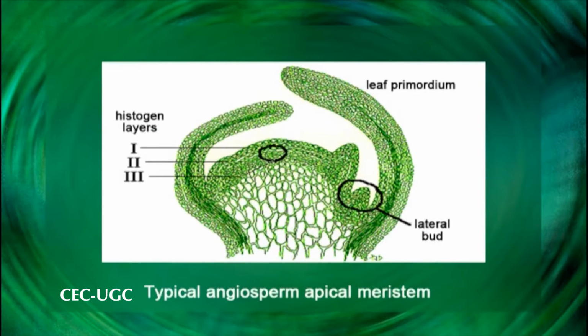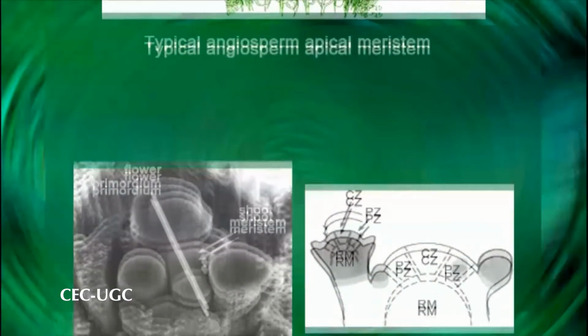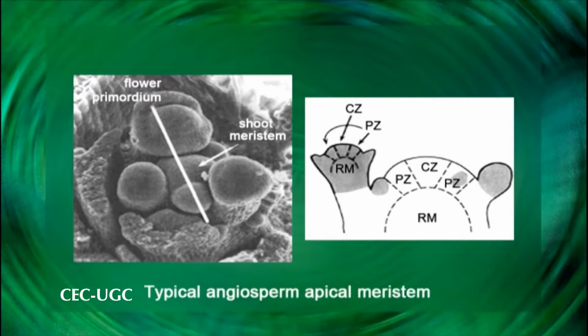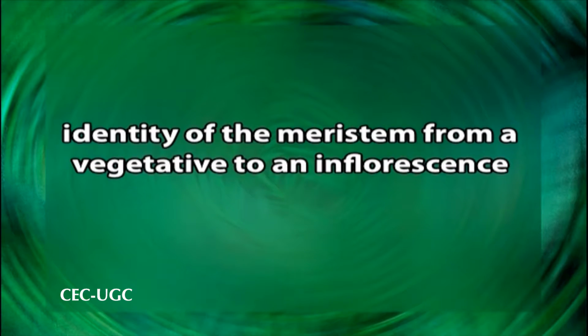During development of a plant, the apical meristem gives rise to all of the leaves and other parts of the plant. The plant will maintain its vegetative growth pattern until the apical meristem undergoes a change. This change actually alters the identity of the meristem from a vegetative to an inflorescence meristem. The inflorescence meristem produces small leaves before it next produces floral meristem.